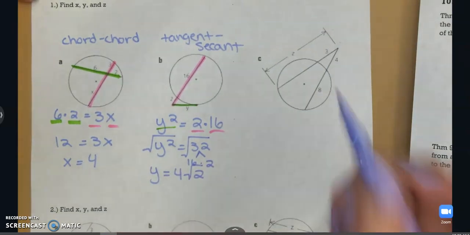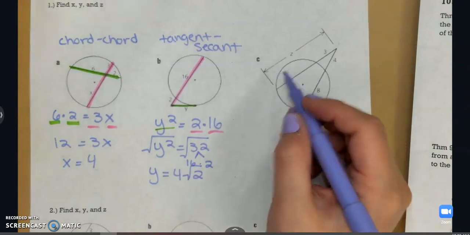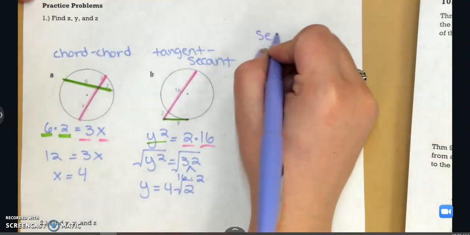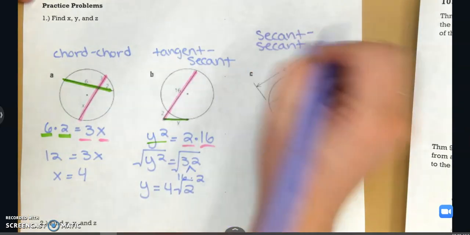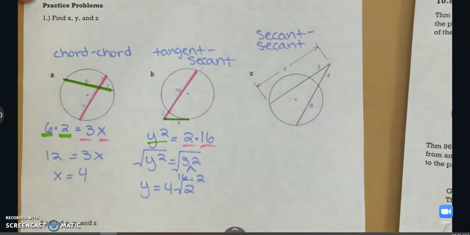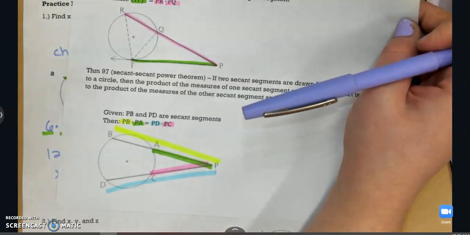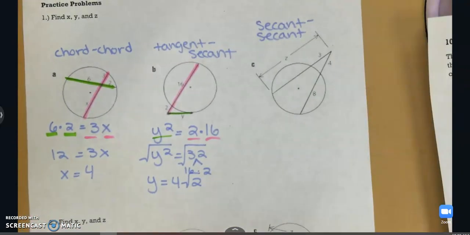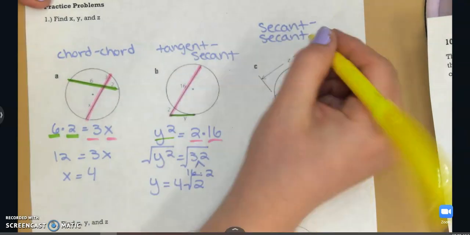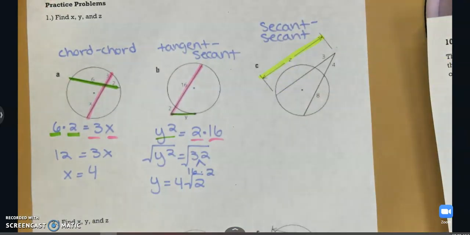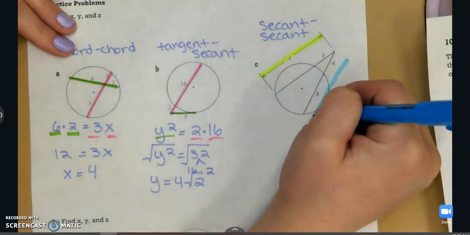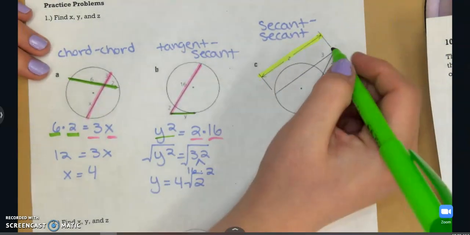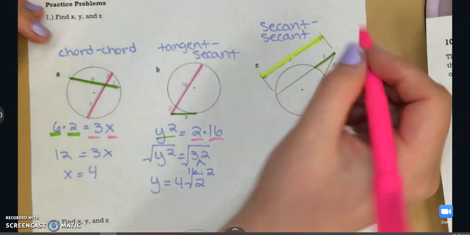All right, on to 3. I've got two secants, so this is going to be my secant-secant relationship. And for secant-secant, I had 4 different colors because we were looking at the whole length and the partial outside my circle. So I'm going to go ahead and label those. Z, this whole segment is going to be my yellow. This whole segment is going to be my blue. Then 3 is my green. 4 is my pink.